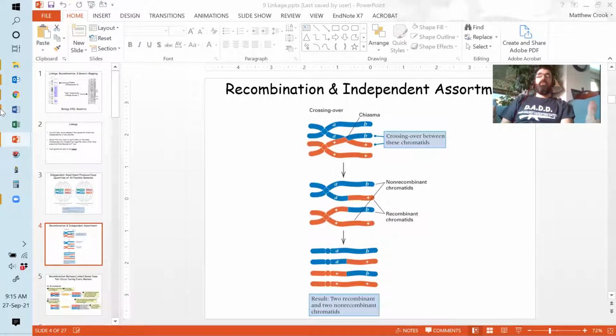Now, those chromosomes are different, right? So if you look at the bottom here, recombination equals 2 parental chromosomes, which are essentially the outside chromatids in a pair, and 2 recombinant chromosomes, which is what you see down here.